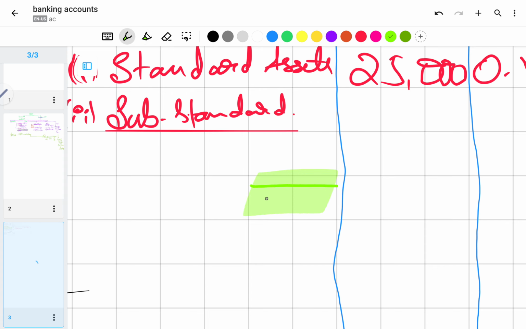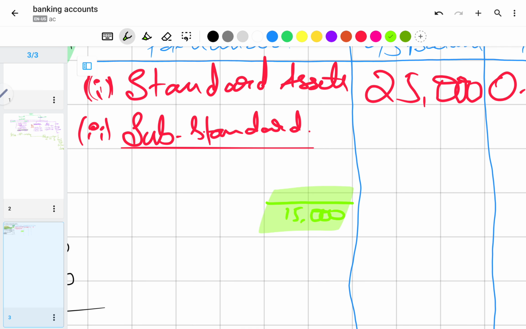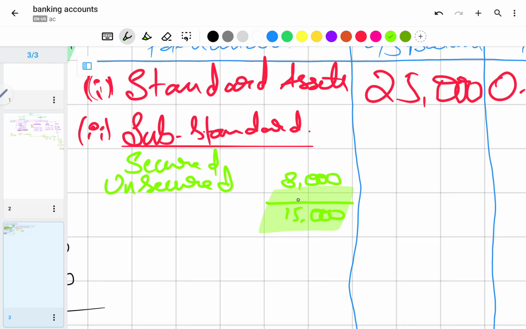In total it is 15,000 lakhs, right? Yes. Of that, 8,000 lakhs is the unsecured portion. Then the secured portion is 15,000 lakhs minus 8,000 lakhs, which amounts to 7,000 lakhs.